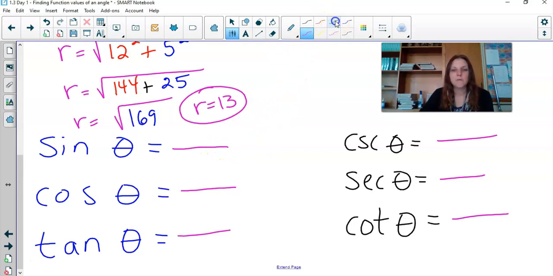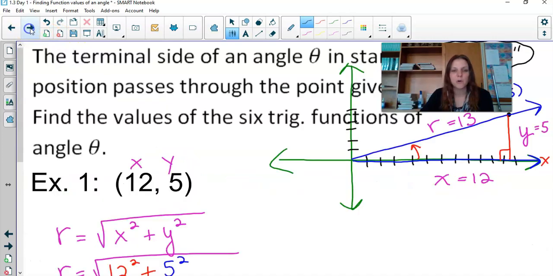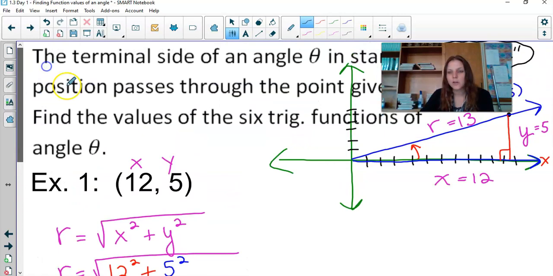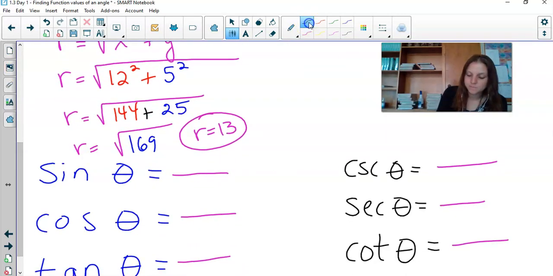All right, let's go ahead and fill in these trig ratios. Sine, according to what we just wrote here, is y over r. So keep referring back to that as you're filling these in. Our y is 5, and our r is 13. So we're going to write 5 over 13. Reduce if possible.